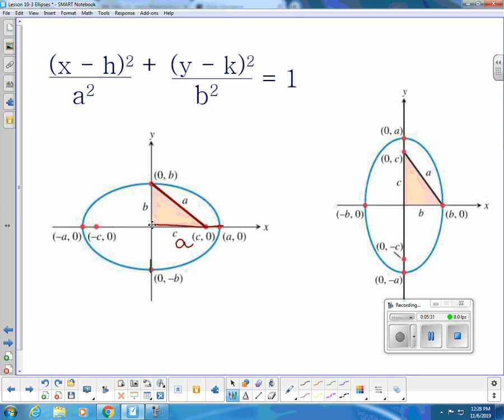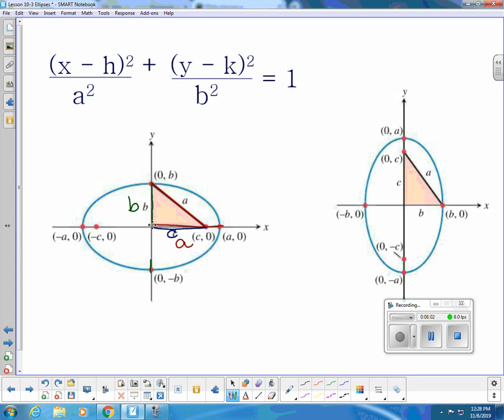If you go from the center to the short side of your ellipse, that's B. That's shorter than A, always shorter than A. And then the C value is the distance from the center to the focal points. You have three letters, A, B, and C. A is from the center to the long vertex, B is from the center to the short side, and C is the center to the focal points.